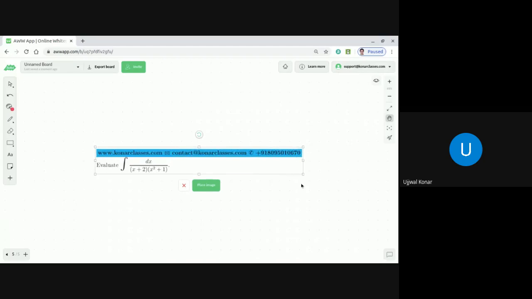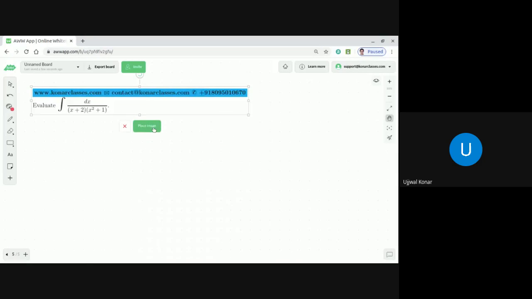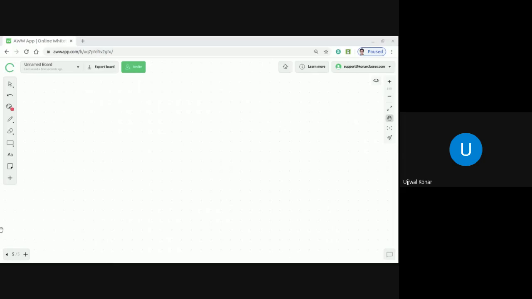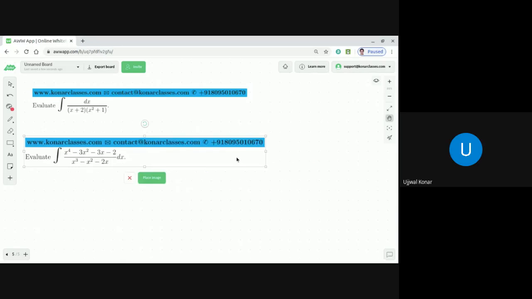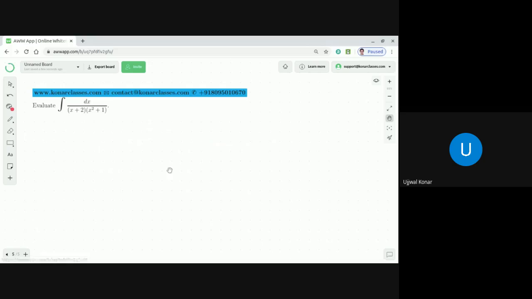This is the first assignment. This is the second assignment.